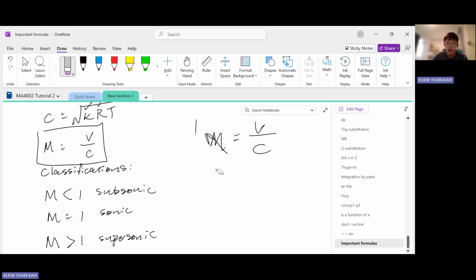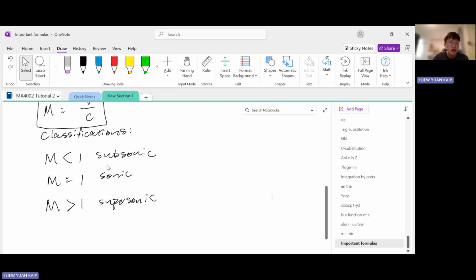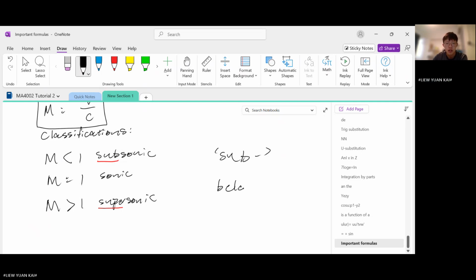Now, let's take a look at the names of the other two categories. Here we have subsonic and here supersonic. What does sub mean? The prefix sub means below. On the other hand, the prefix super means above.